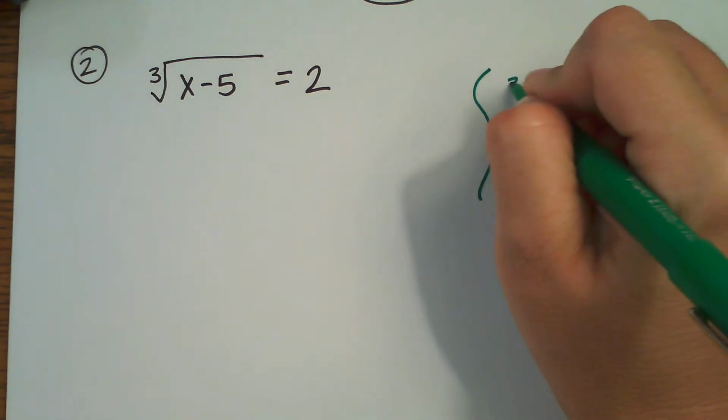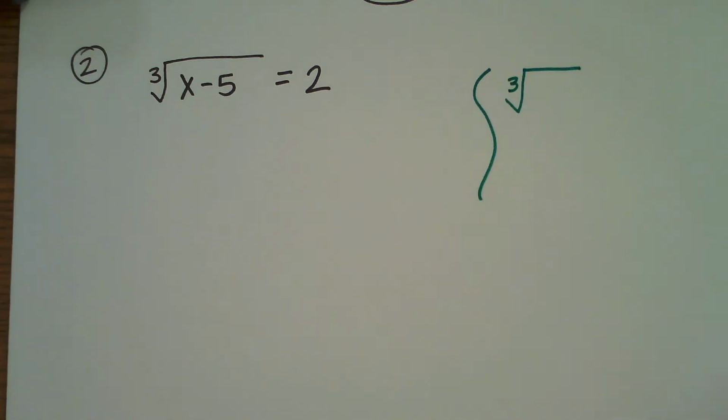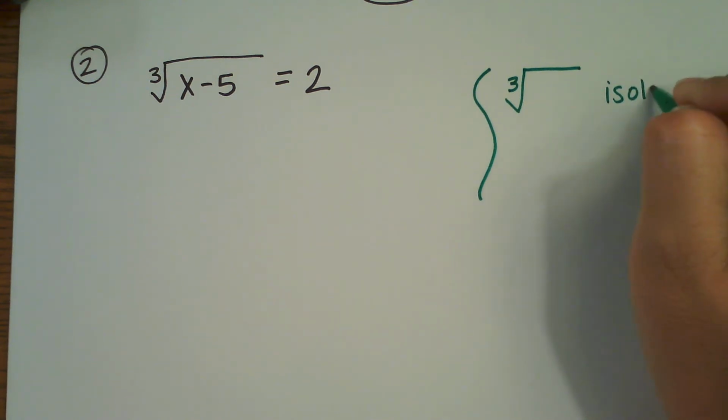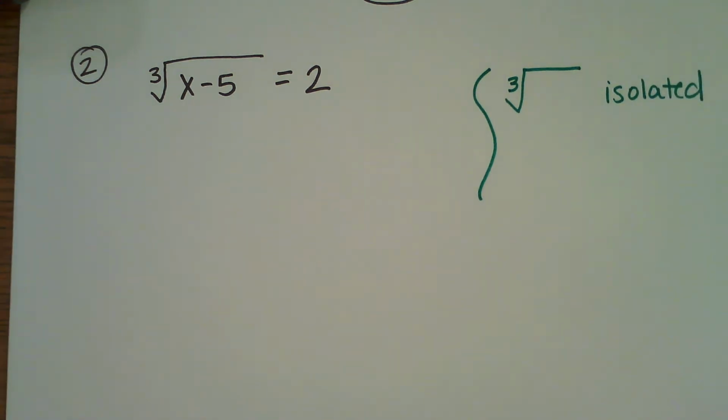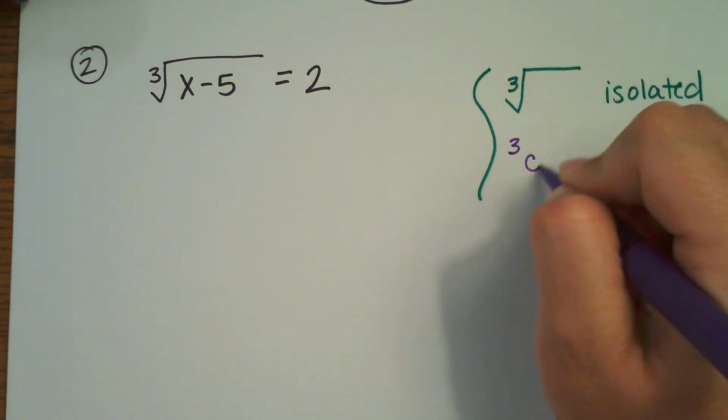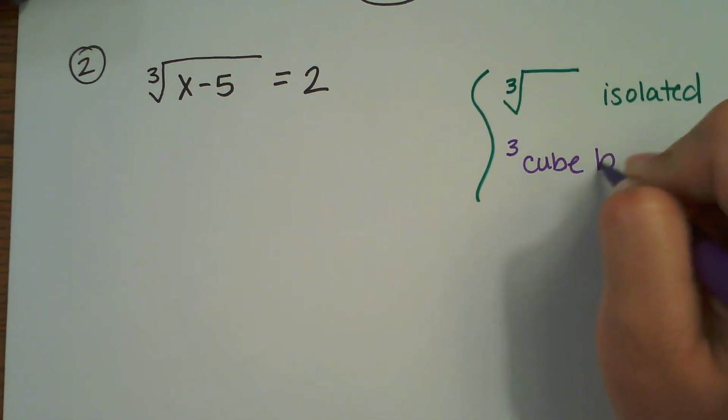What's different about this one is I'm using the cubed root. It's already isolated though, so I can go ahead to the second part. And instead of squaring both sides, we're going to cube both sides.